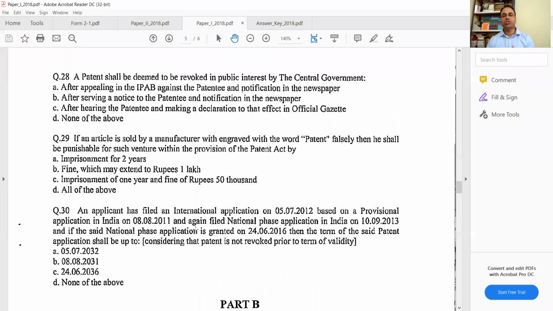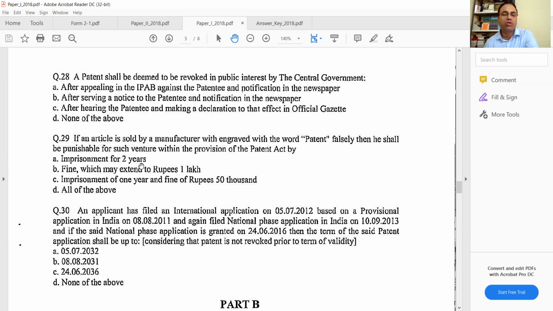When I read this question, you see question 29, they have some punishment. What is the fee? You see what it is. If an article is sold by a manufacturer engraved with the word patent falsely, then he shall be punishable within the provisions of the Patent Act by imprisonment for 2 years, fine which may extend to ₹1 lakh, imprisonment for 1 year, and fine ₹50,000, all of the above.